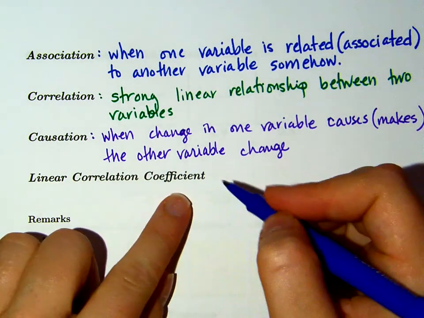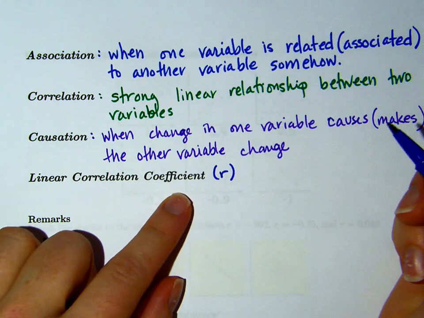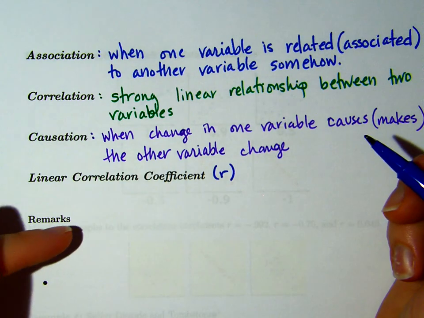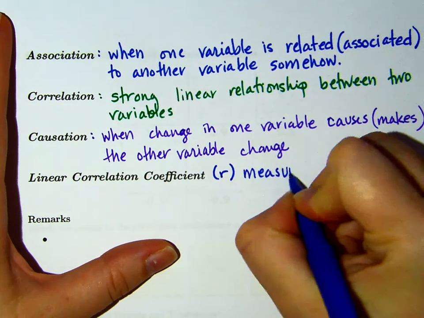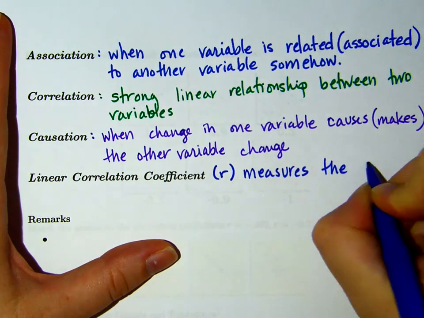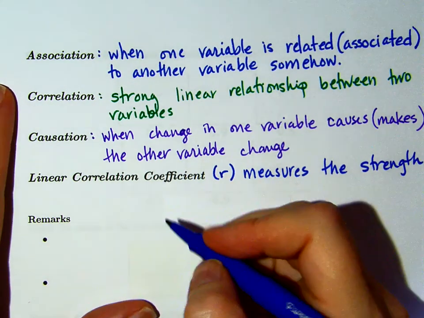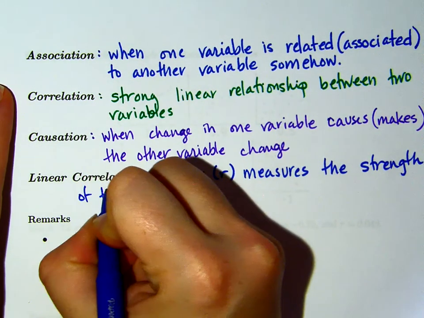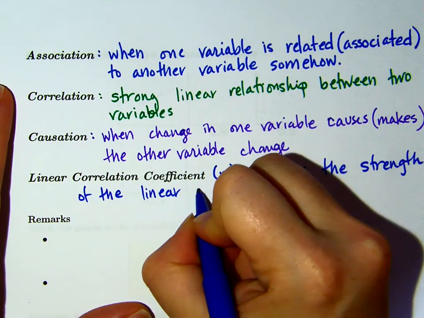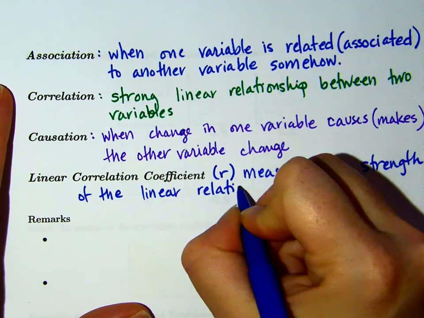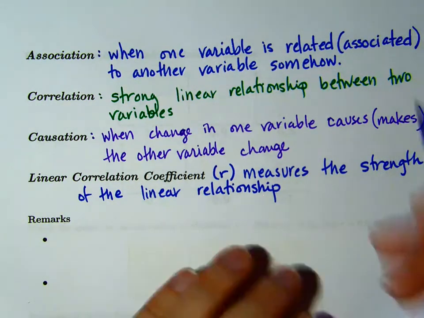Now, the linear correlation coefficient, that's R, and that measures the strength of the linear relationship between variables.